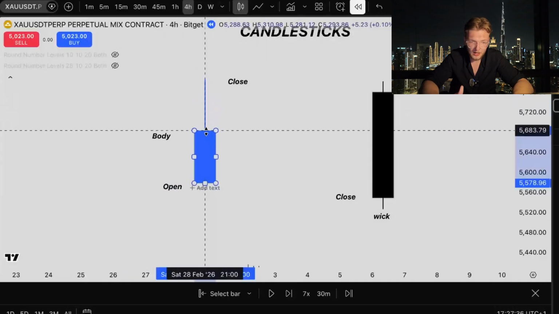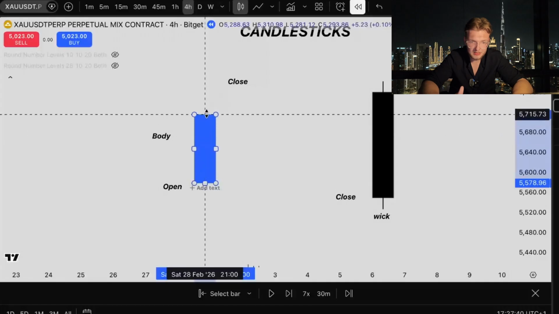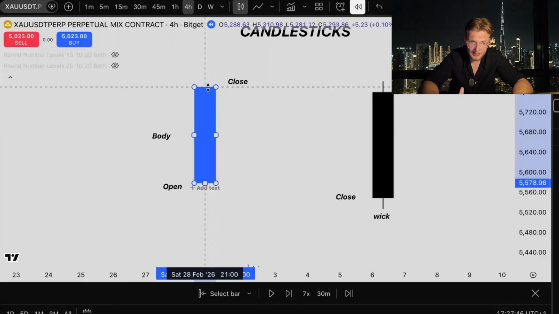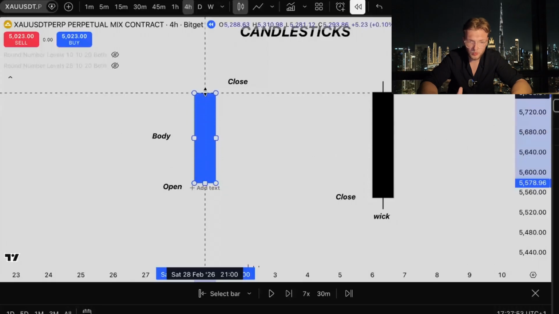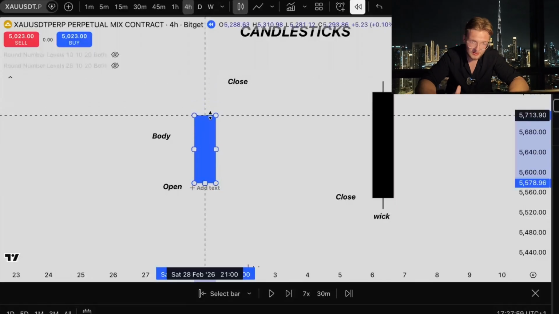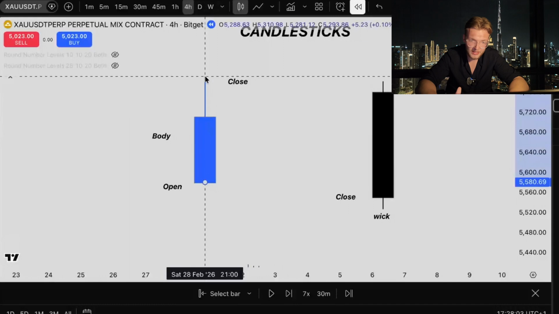So when it opens and goes to the upside really strong, but then in time the market goes a little bit down again, and in the 4 hours it went up, went down, went up, went down, went up, went down. And when it went up and went down, then this wick is created.